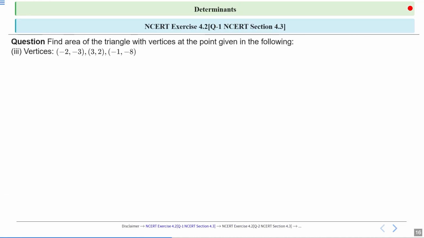Okay. Now the third part is, we are given the vertices, just try.